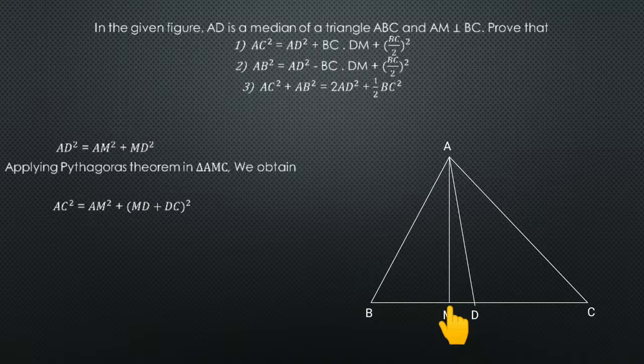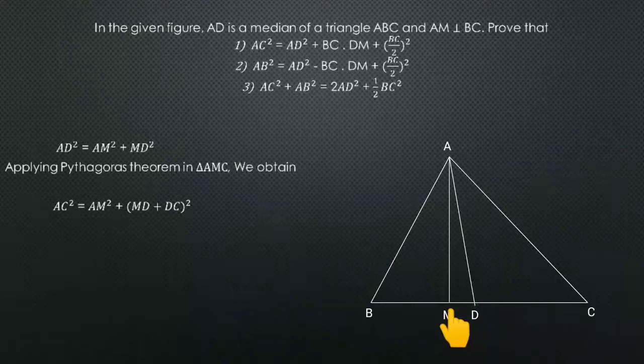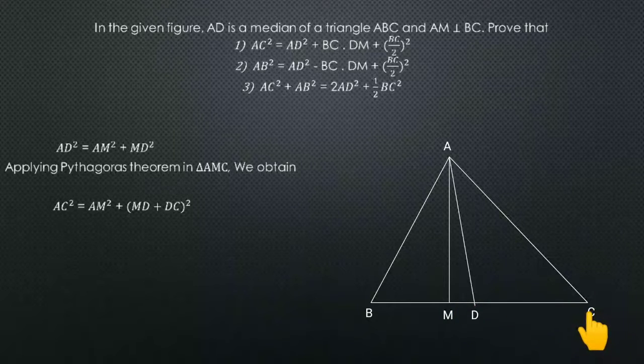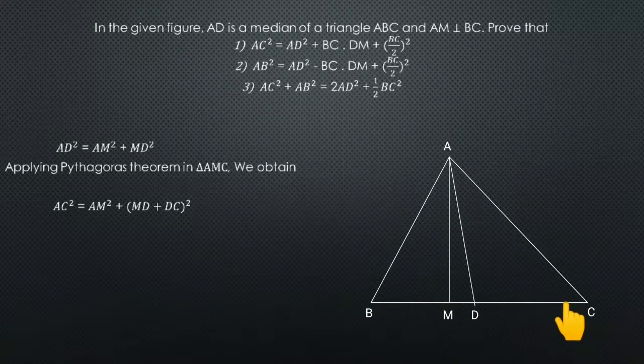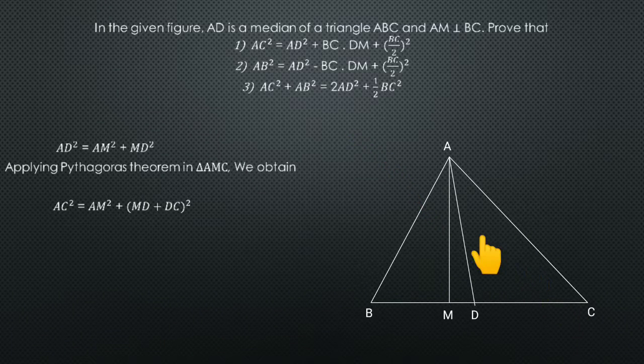Here we remember that AD is the median of BC and AM is perpendicular to BC. AC square and AD square are given, so first of all we have to use Pythagoras theorem for triangle AMC, and for the second one, AMD.